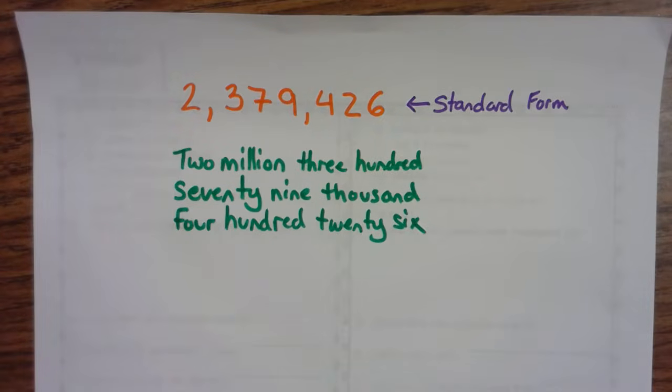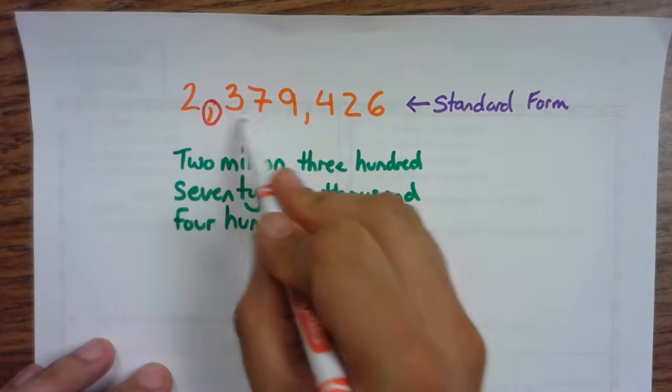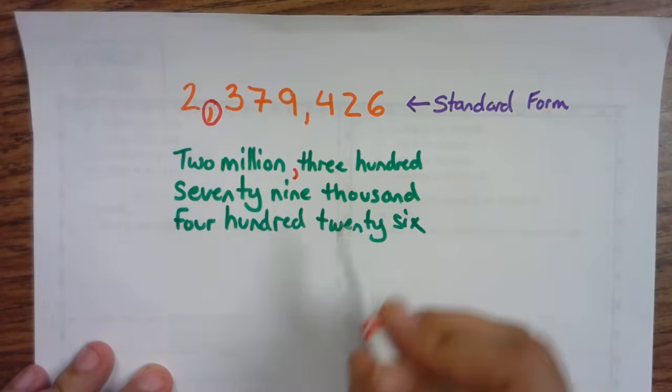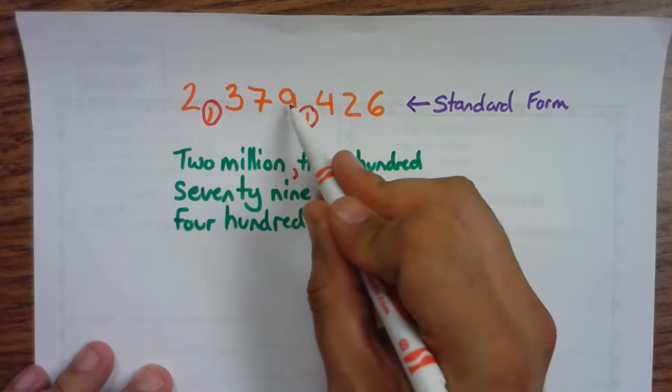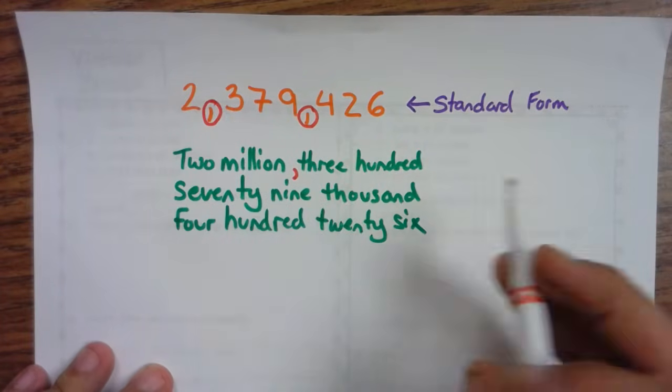And of course, we never want to forget those commas. So sure enough, it's here between the 2 million and the 379,000.